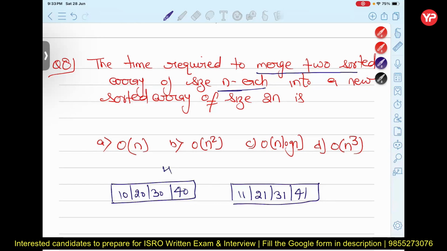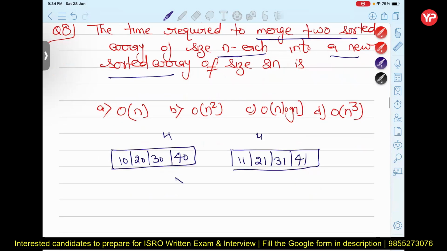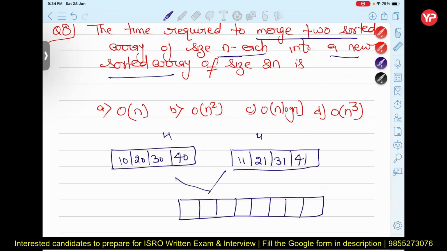That means of size 4 each, into a new sorted array of size 2n. That means we are going to take an array of size 8, and we have to make a sorted array like 10, 11, 20, 21, 30, 31, 40, 41.